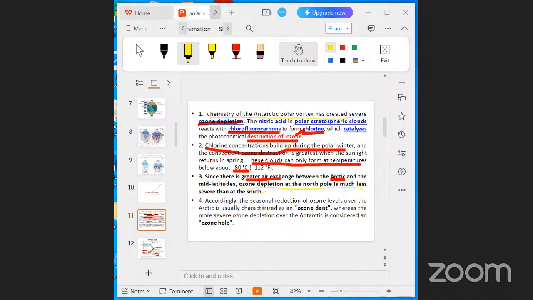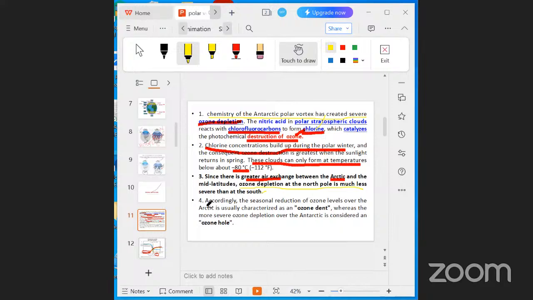But because so much land area is not available near the southern polar region, not much exchange of air happens. Mostly that concentrated air in the polar vortex remains there. It does not change as it does in the northern hemisphere. So that is why, due to the persistently remaining chlorine, it leads to more ozone depletion in the southern portion than in the northern portion.